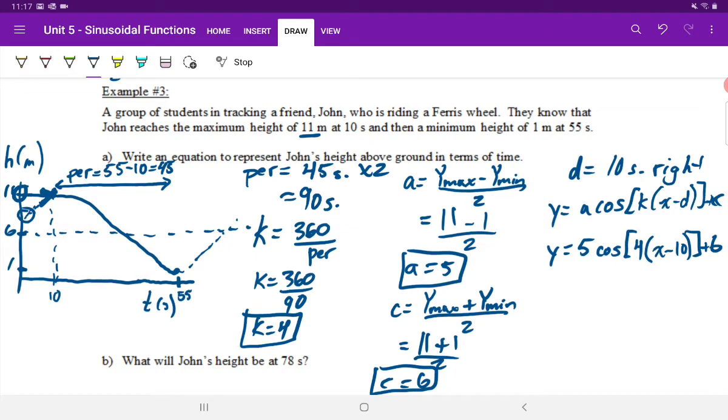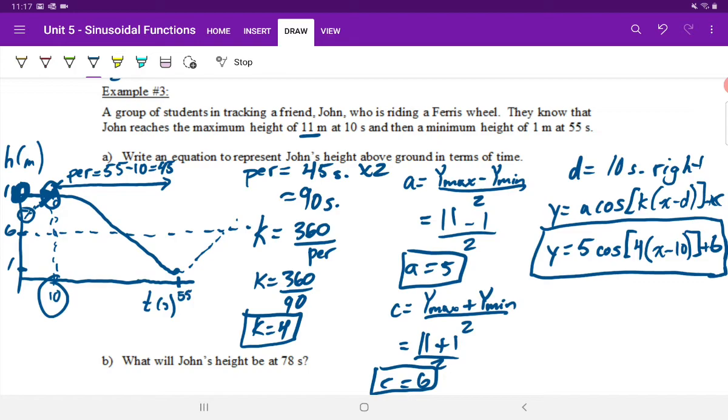Then, to find our actual equation, we decided to use a cosine curve that starts at the maximum. The original cosine curve would start right at the y-axis, and so it shifted 10 seconds to the right. And so there you have it. We have a cosine curve with a phase shift of 10 seconds to the right, and then with our A, K, and C values installed.